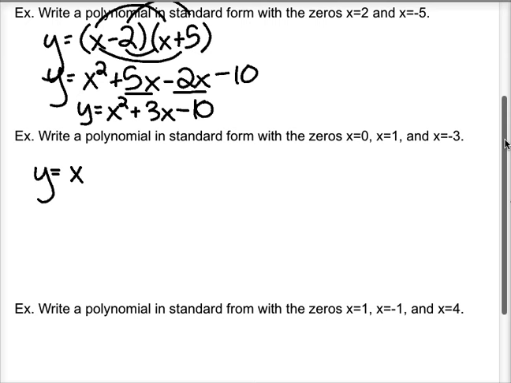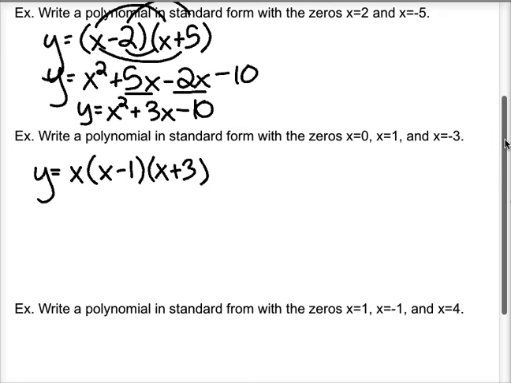A 0 of 0 means all I have is that x sitting there. A 0 of 1, again, the 1 takes the opposite sign in the 0, or in the factor, I mean. An x of negative 3, again, if that's our 0, the factor will get the opposite sign.